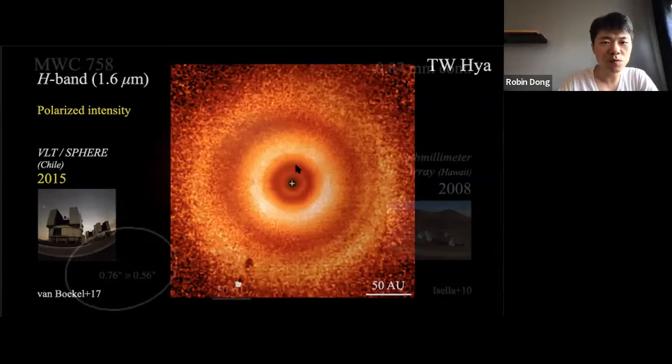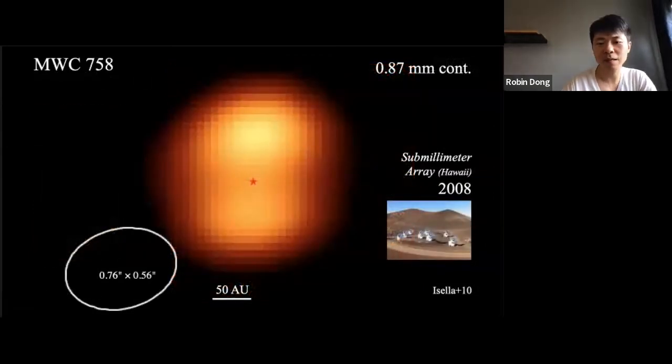So next, let's move on to another example at a different wavelength, 1,000 times longer. This is a Submillimeter Array observation of the disk around MWC 758 at 0.87 millimeter. This is a continuum emission map, so it roughly traces the distribution of submillimeter-sized particles.